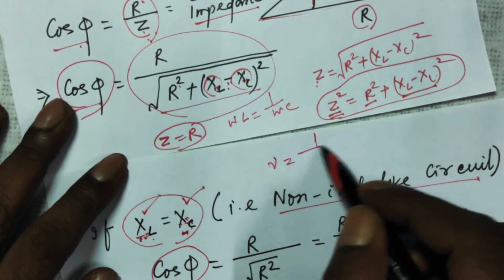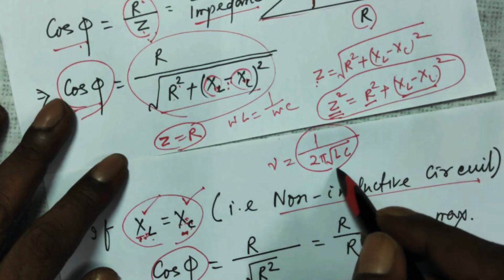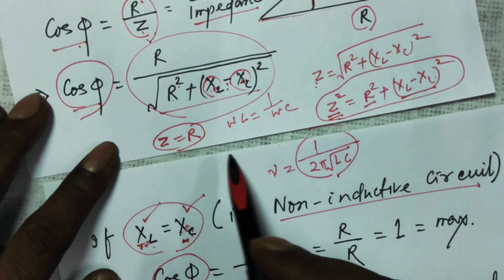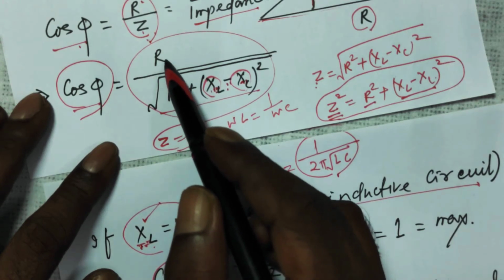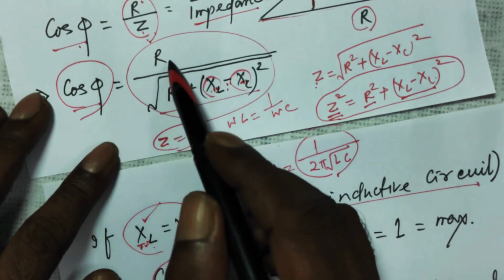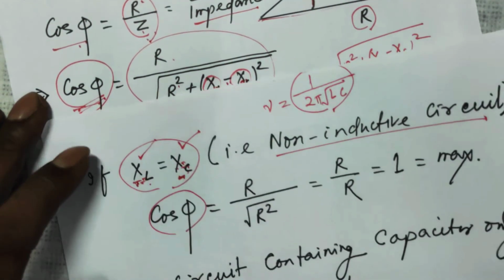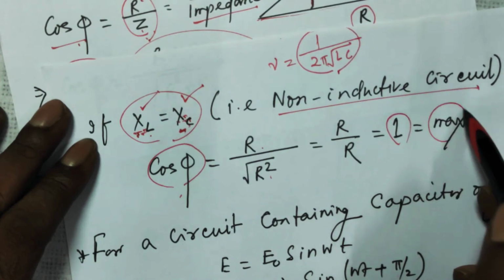Nu was equal to 1 by 2 pi square root of LC. Means at this frequency of the source, these two are equal. So this denominator term becomes equal to R. So R cancels with R. So cos phi is 1. So cos phi is maximum, that is maximum.